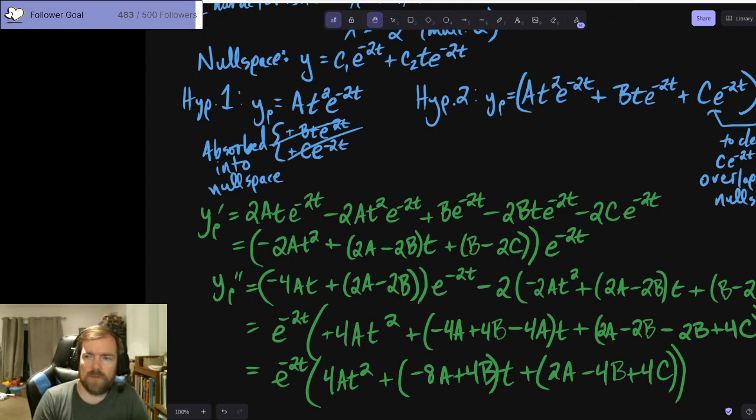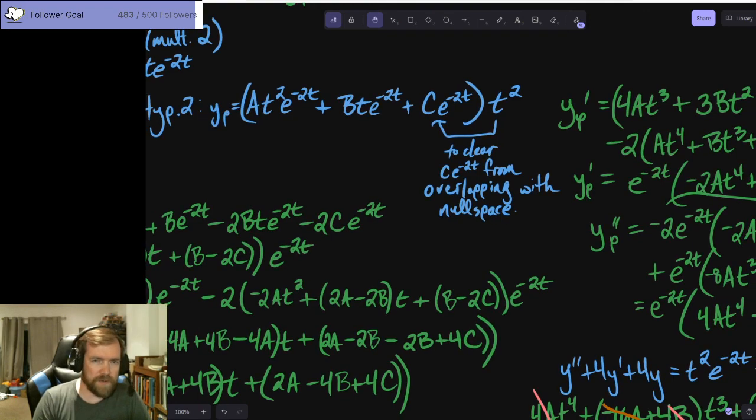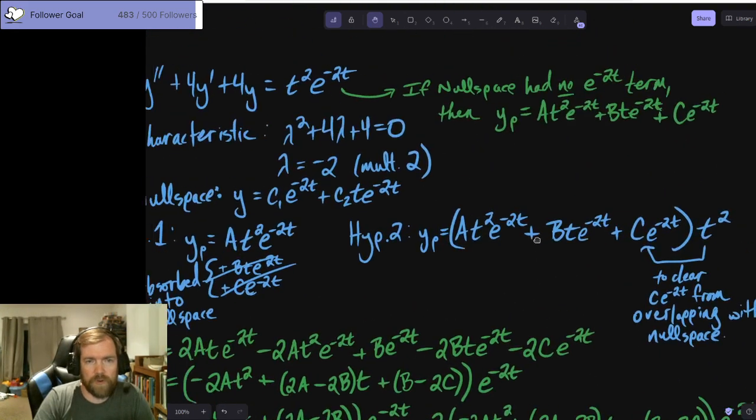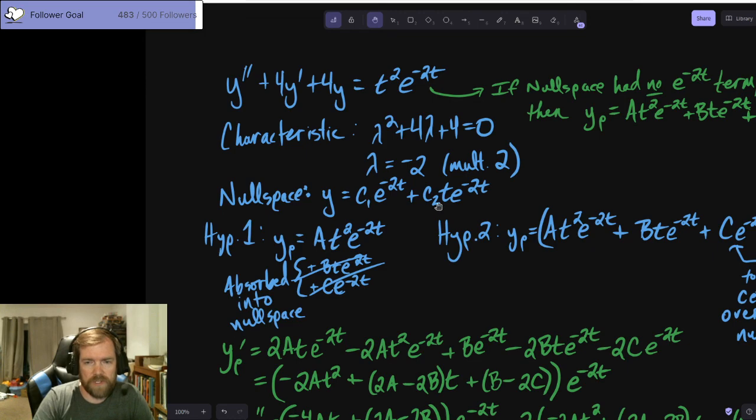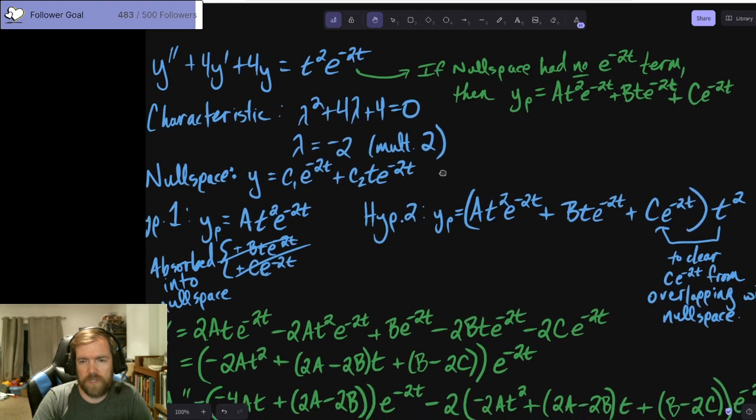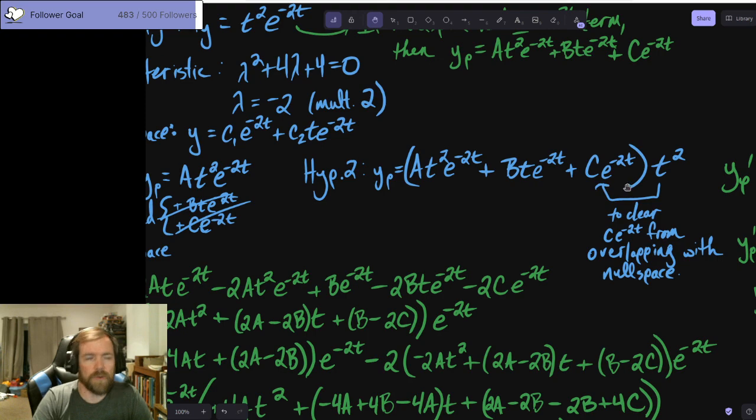It's just that we have to first accelerate them, get them away from the null space, and say our lowest term here, c e to the negative 2t, needs to now become c t squared e to the negative 2t in order to raise it away from the same polynomial degree of our null space solution. So we need c t squared e to the negative 2t as our first possible part of the solution.